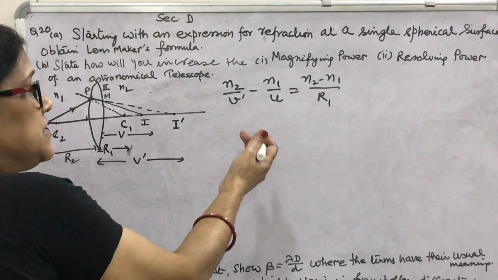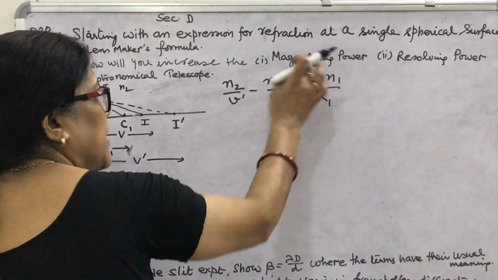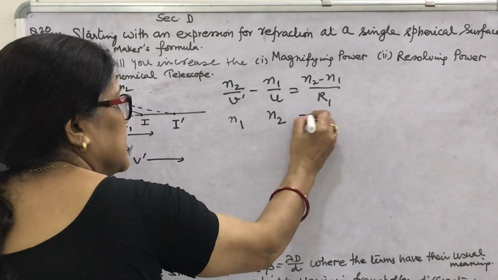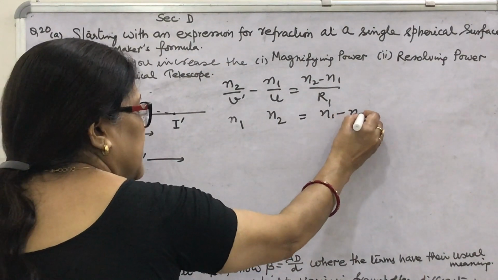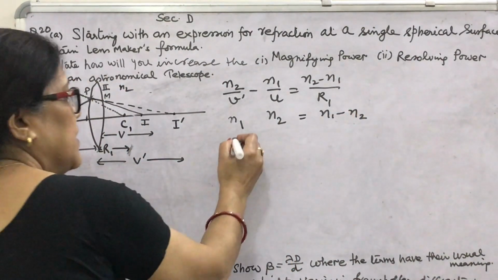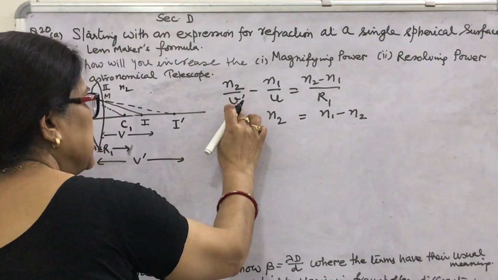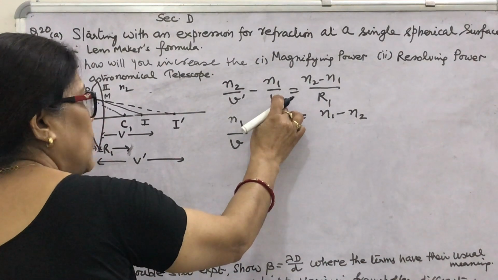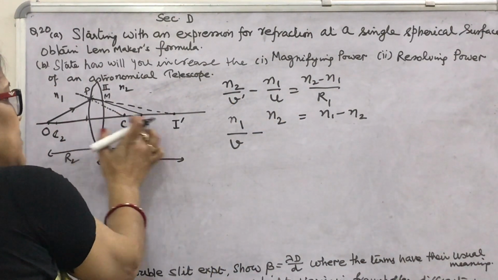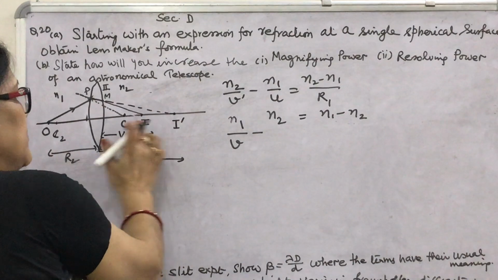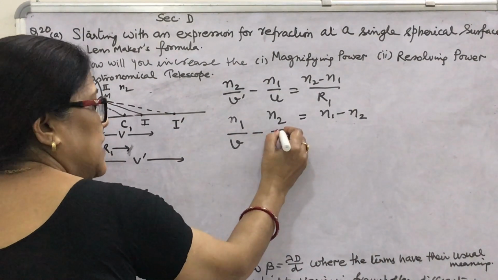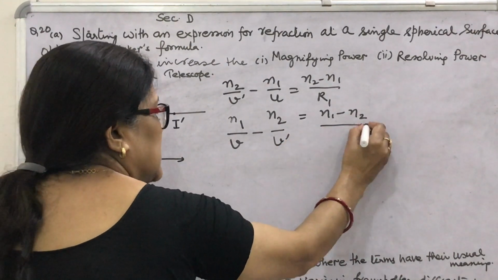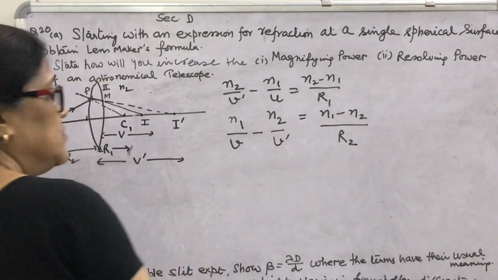How to write the relation for the second surface? Just reverse N2 and N1. So this is N1, this is N2, equal to N1 minus N2. Here the image distance is V, and the object distance for the second surface is V dash, and here it is R2.